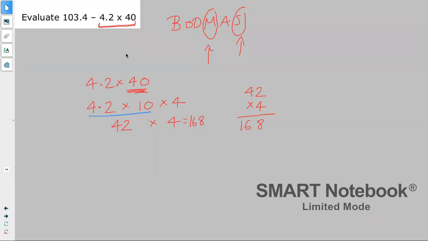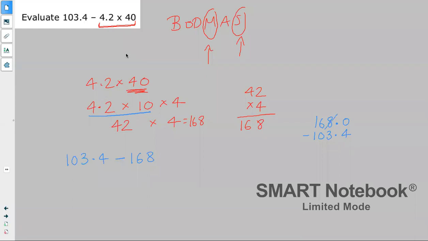Okay, so then the calculation you want to do is 103.4 take away 168. You can see that 168 is bigger than 103.4, so your answer is going to be negative. Obviously this is a non-calculator question. You could do the bigger number, 168, take away your 103.4. Put a decimal point after 168 and add a 0. Then you can do 0 take away 4, which you can't do.